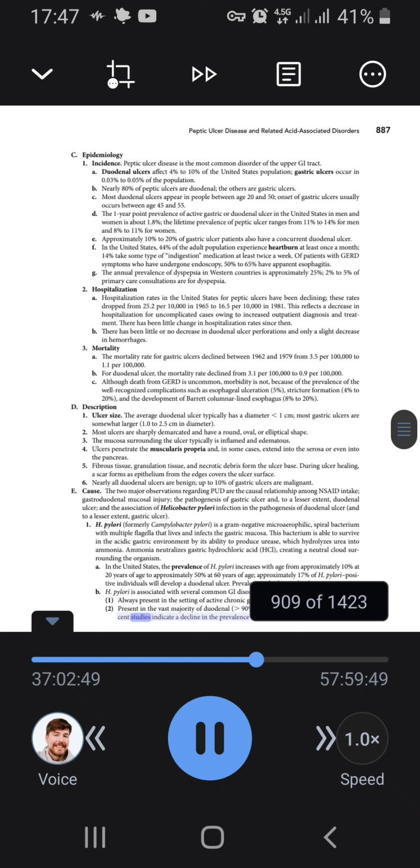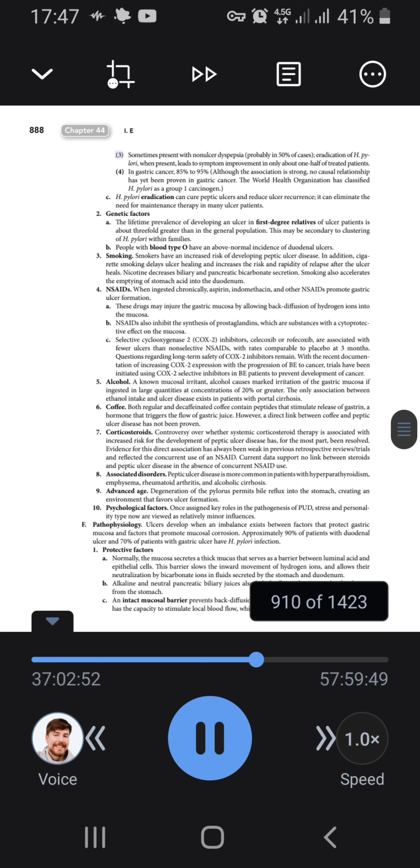Recent studies indicate a decline in the prevalence of H. pylori in duodenal ulcer patients. 3. Sometimes present with non-ulcer dyspepsia, probably in 50% of cases. Eradication of H. pylori, when present, leads to symptom improvement in only about one-half of treated patients.